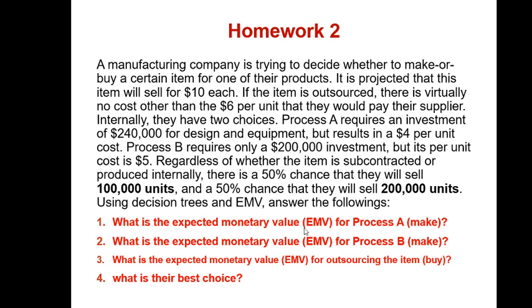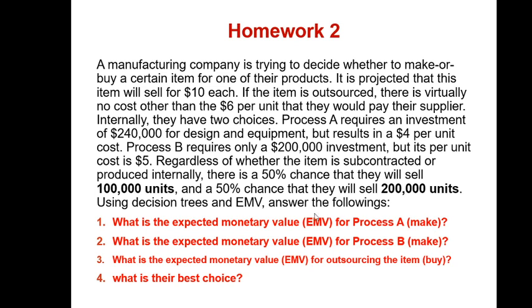The required is the expected monetary value for process A, which is make, expected monetary value for process B, which is make by the company, and the third option is to buy the product instead of making it, yani outsource the product. And you are required also to solve the EMV. And of course there is a fourth option, but it's not written here.